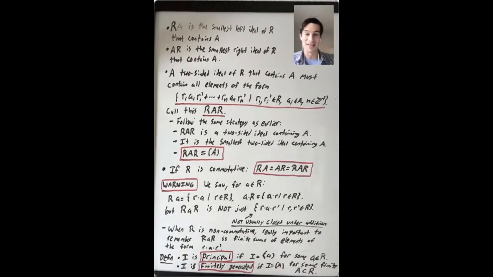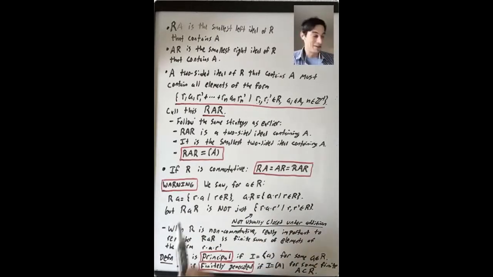It really is a lot like the case of understanding the product of two ideals as finite sums of something in I times something in J, not just the collection of something in I times something in J. So in the case when R is not commutative, it really is important to think about RAR as finite sums of elements of this form. This is one instance that's really showing how ideals in non-commutative rings are more complicated to understand than ideals in commutative rings.